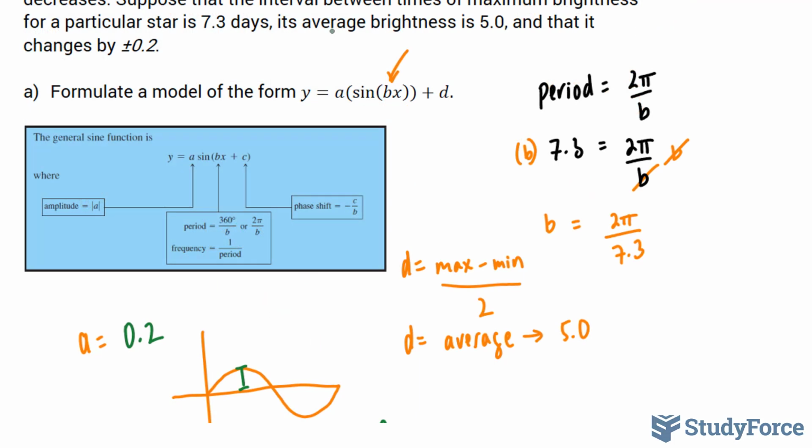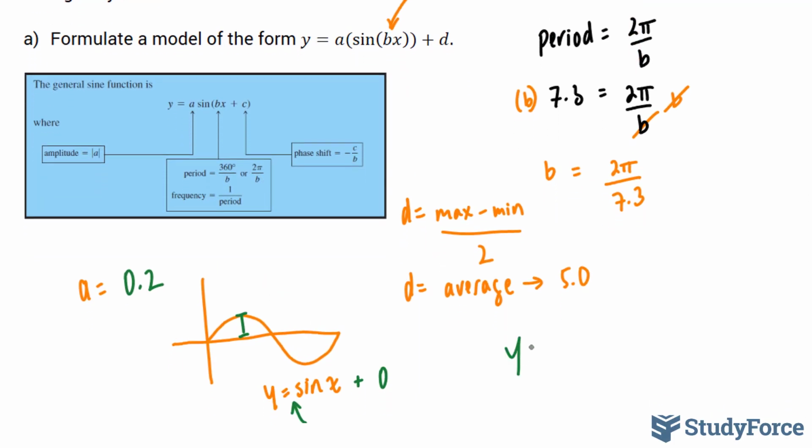So that being said, we can now put this all together. Y is equal to 0.2 sine, and our b value was 2 pi over 7.3 x plus 5.